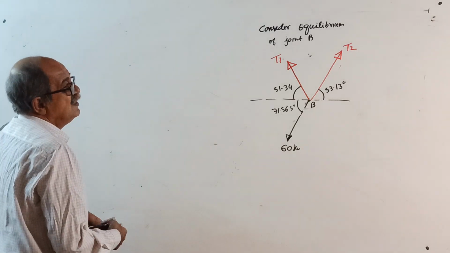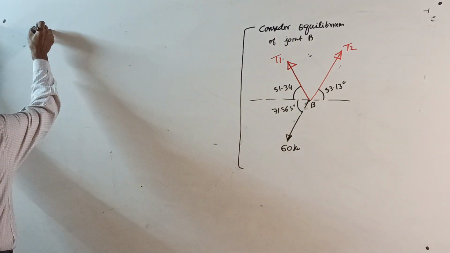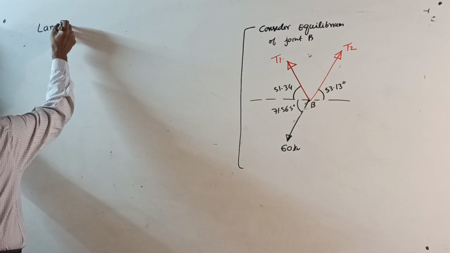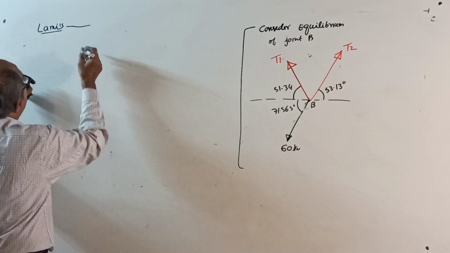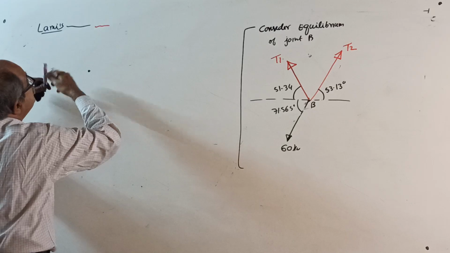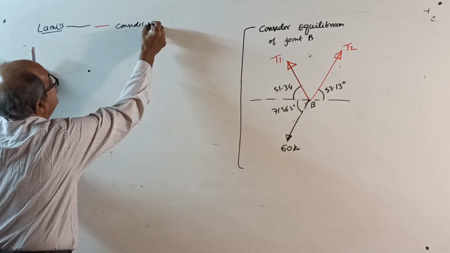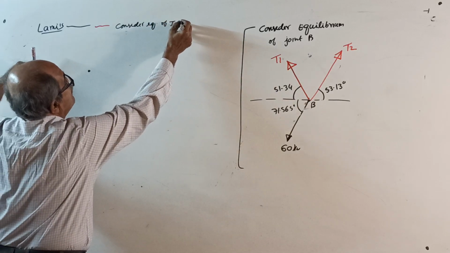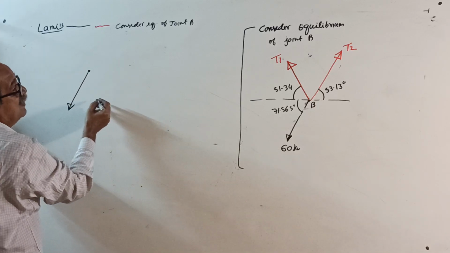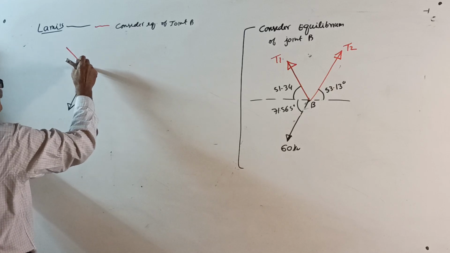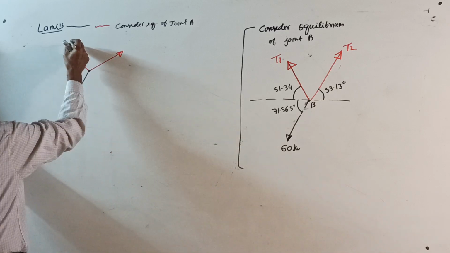Okay, start. Now, this is ready for solving. We will solve by Lami's theorem. You write: consider equilibrium of joint B. See, scale is not maintained.